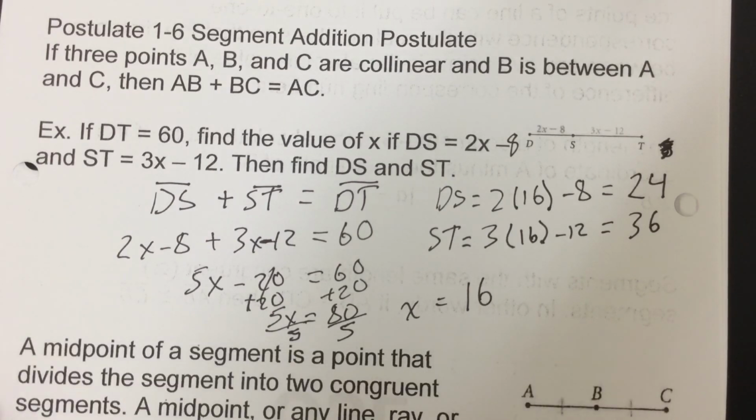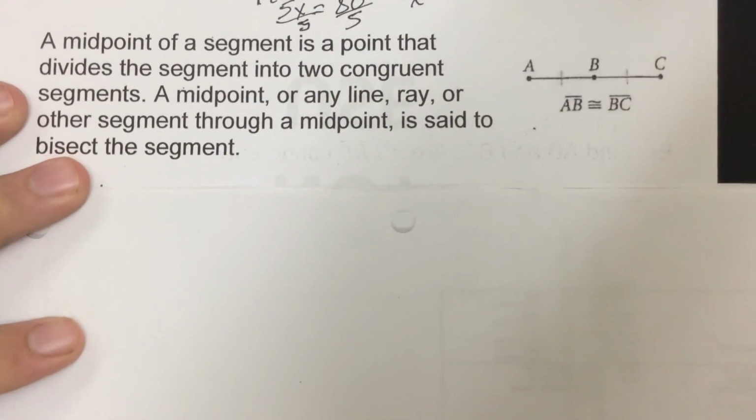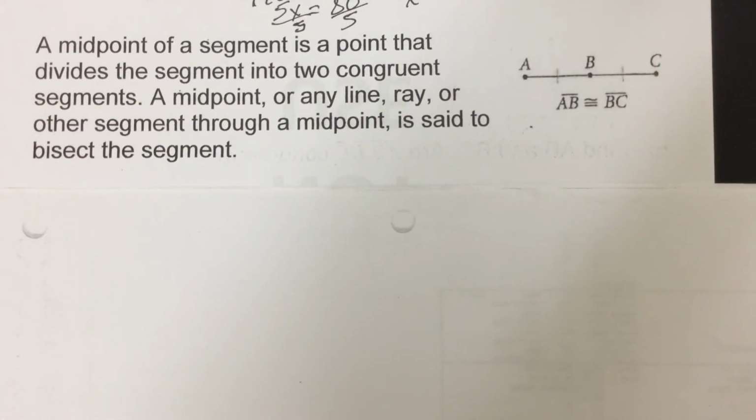So, next thing we're going to hit is midpoints. Midpoint is just like what it sounds. It's a point in the middle of a segment. It's going to split the segment into 2 congruent segments, so keep that in mind. That midpoint can be any line, ray, or even another segment besides just a point that's going to split that in half.